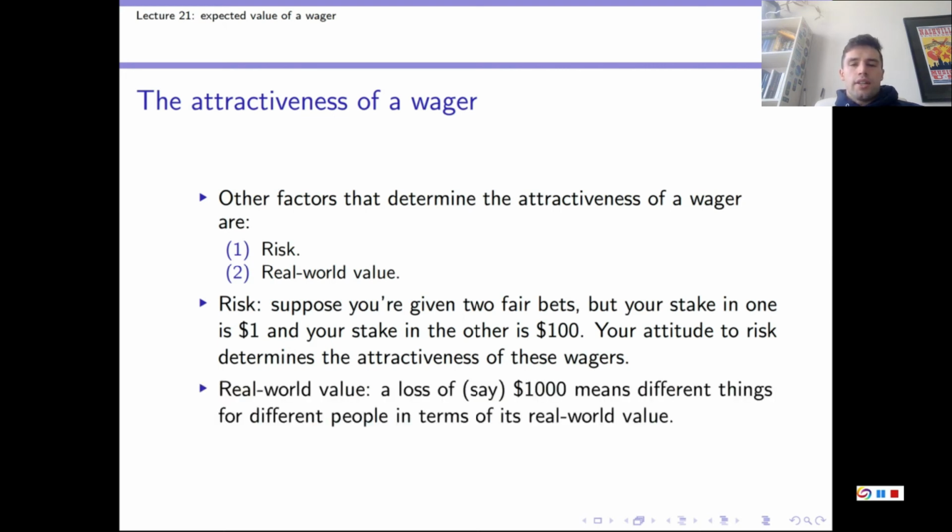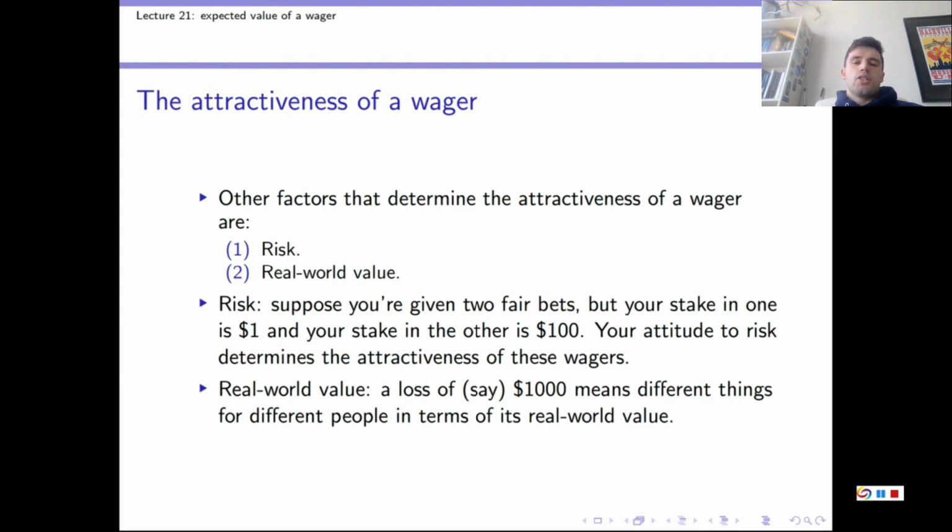Now, another thing those assertions we made before assume, where you accept wagers with positive gain, reject those with negative gain, and you prefer wagers with the highest expected value, is that gains or losses of equal amounts of money represent gains or losses of equal amounts of value to the individual involved.